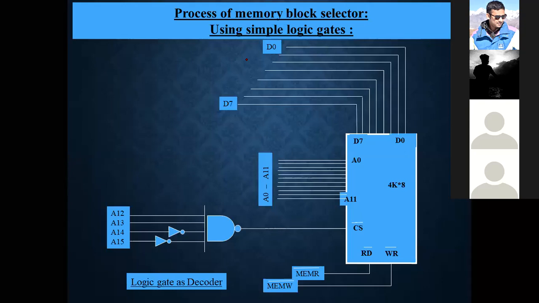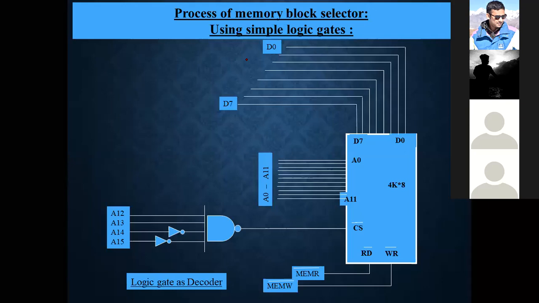Here the memory location is 4K, so 12 address lines will be needed. Clear? 12 address lines means from A0 to A11.